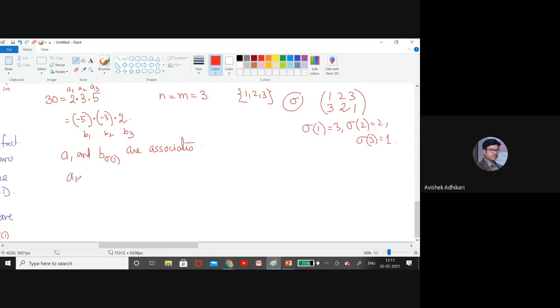That means A1 and B3 are associates. Similarly, A2 and B sigma 2, which is B2 because sigma 2 is 2; they are associates. And similarly, A3 and B sigma 3, which is B1. So A3 and B1 are associates.